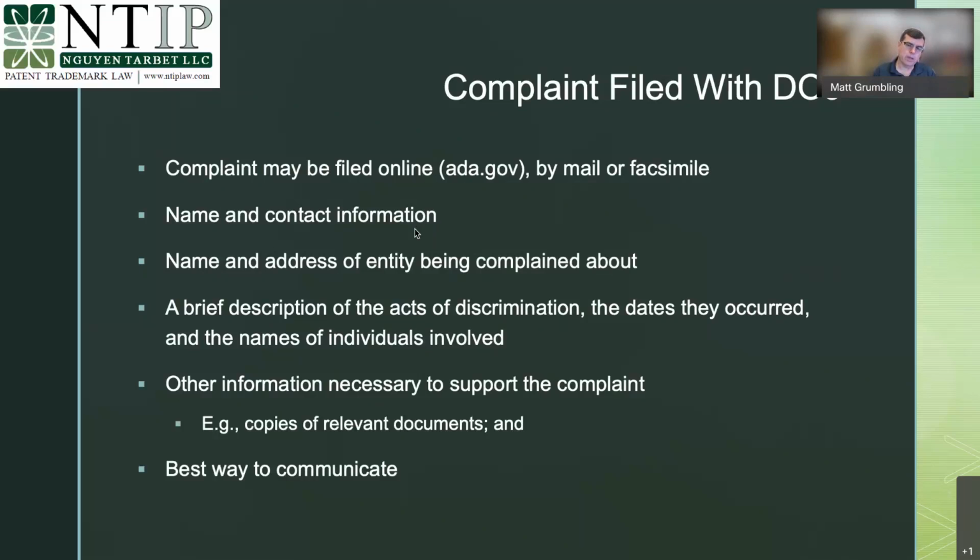And then they have to tell the DOJ how to communicate with them. If the complainant is hard of hearing, DOJ shouldn't be calling them, but should be emailing or something like that. So that's basically the complainant's preferred mode of communication.